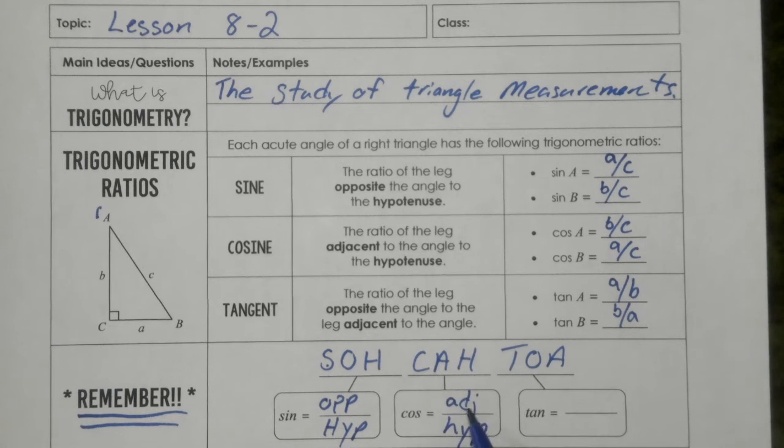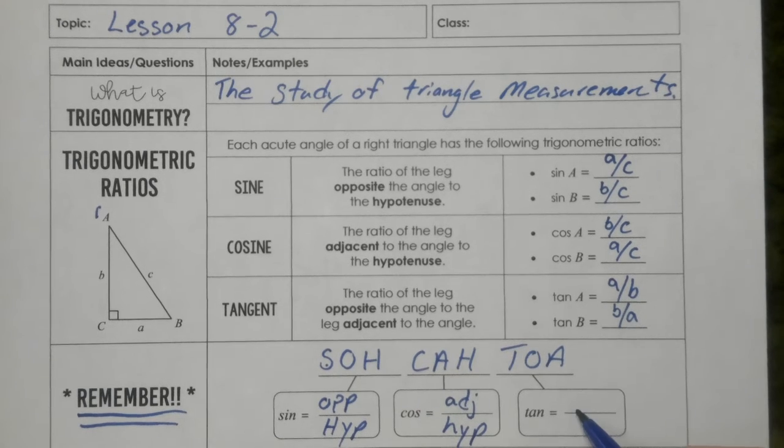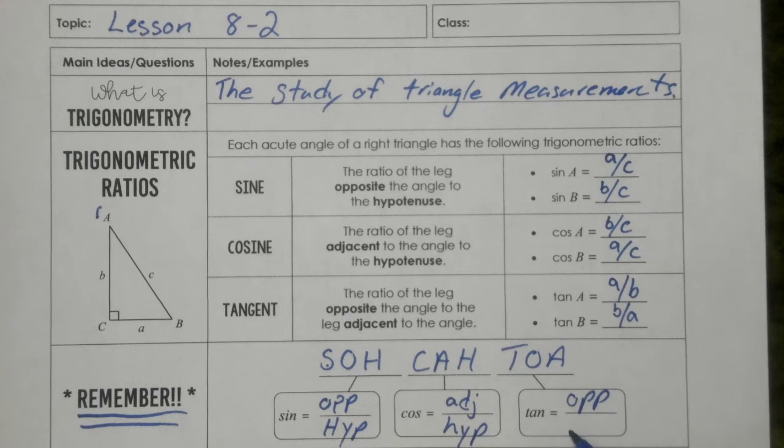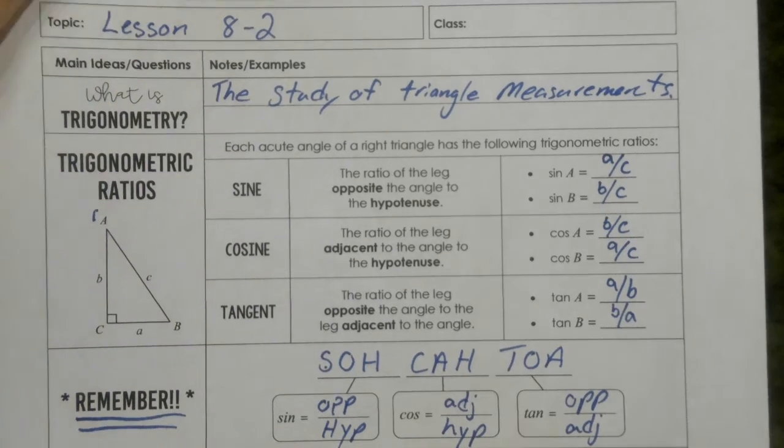CAH: cosine, adjacent, hypotenuse. And then TOA, tangent is always the opposite side over the adjacent side. So SOH CAH TOA helps us remember the trig ratios. Like I said, kind of a silly thing, but I think it'll be helpful if you try to commit that to memory as we go forward.